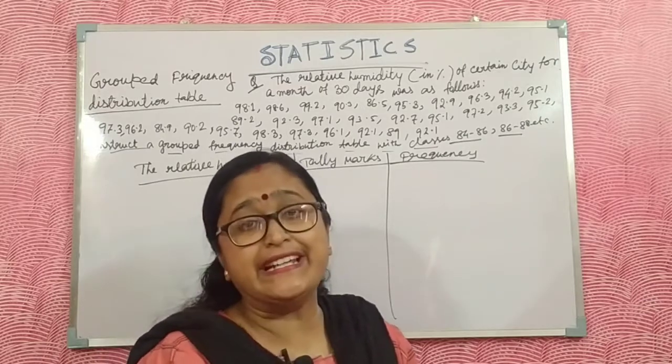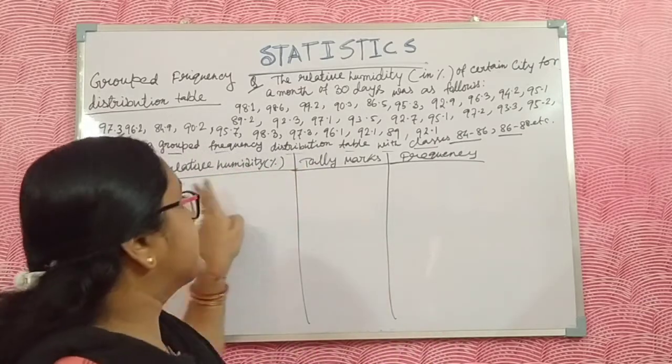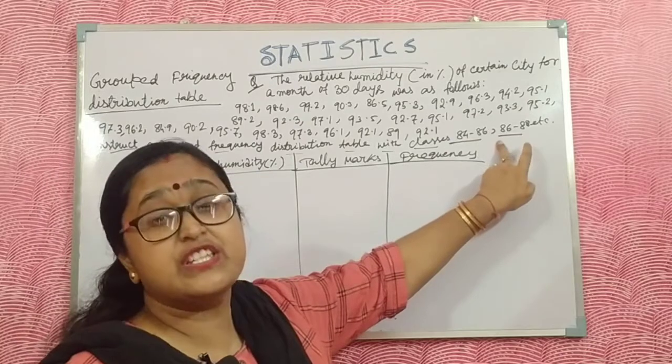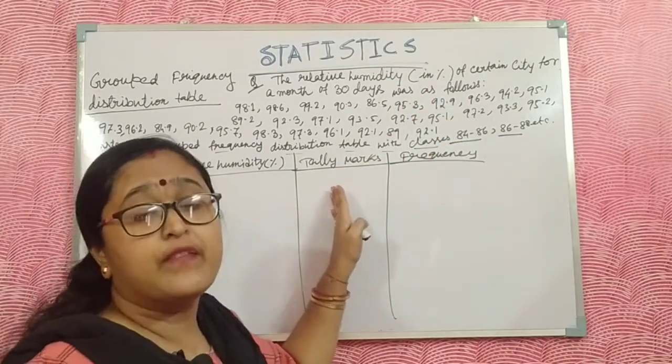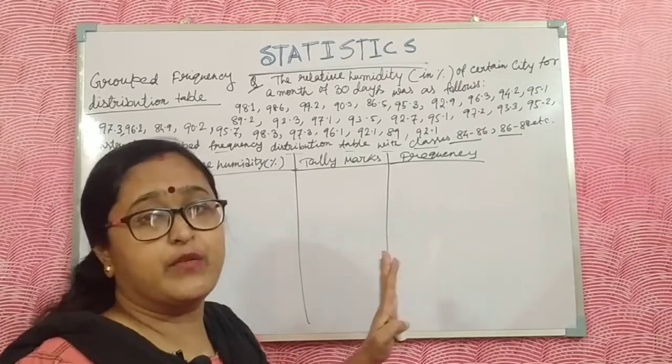In grouped data, how many humidity values belong to a class, in that range, is called the frequency.